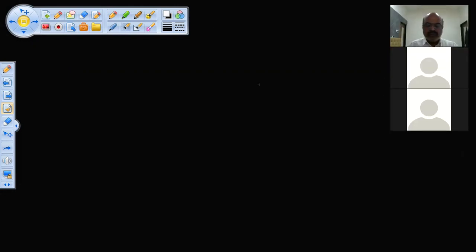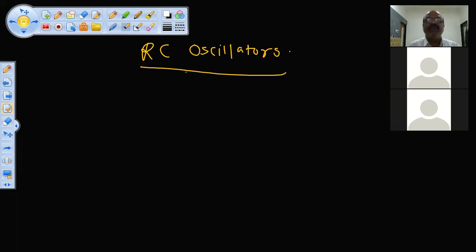Okay. Now we shall talk about the RC oscillators. The name itself tells you that this oscillator makes use of R and C elements, an RC network, you can say.